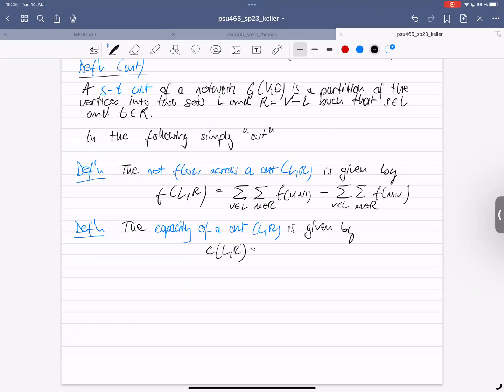It could be 0, so you would get a weaker bound. So this is simply summing up all the capacities of edges that go from L to R, so V in L to U in R, capacity of VU.